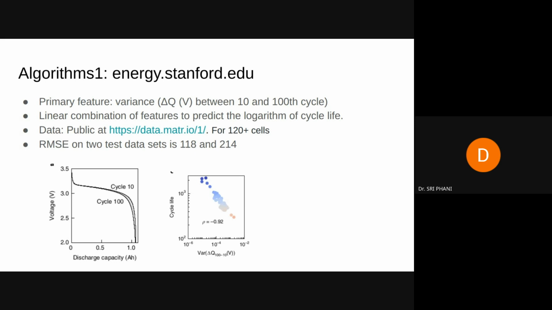You can easily have a relationship. Based upon the change of charge with reference to voltage, if you take it in log space, you have a linear relationship with the number of cycles. So this is one thing they have taken, but they said they are supposed to consider the first some more number of charge and discharge cycles.